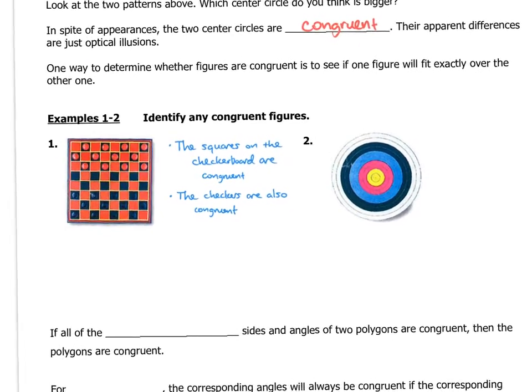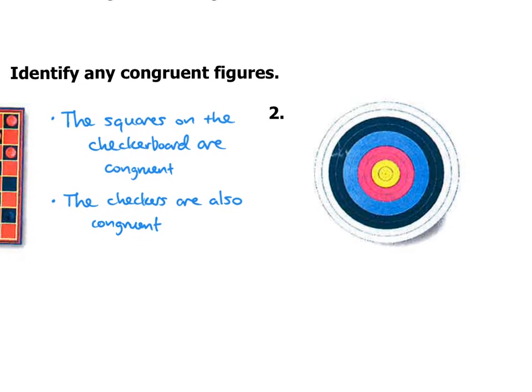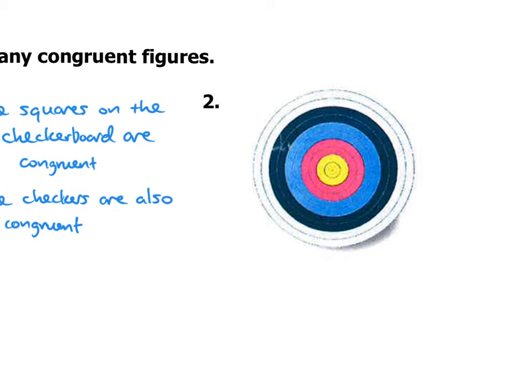Okay, let's look at example 2. Here there is a target, and so ask yourself, do you see any congruent figures in this target? The answer to this one is no, there really aren't any congruent figures in this target, and that's because the only figures in this are the rings, and the rings on the target are not congruent.